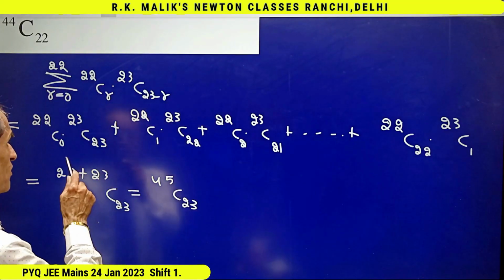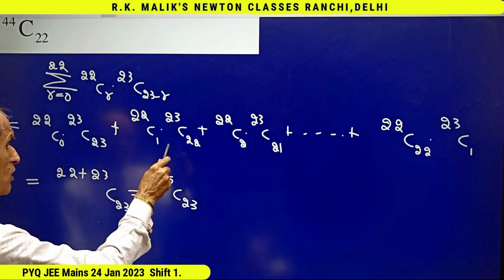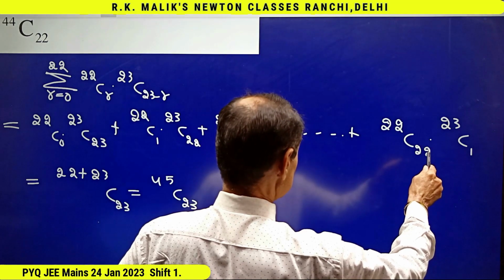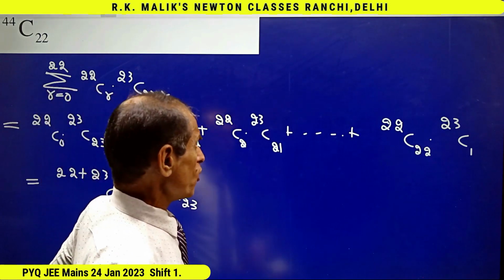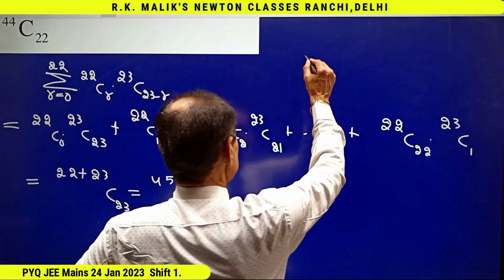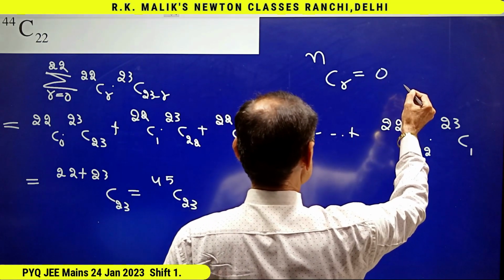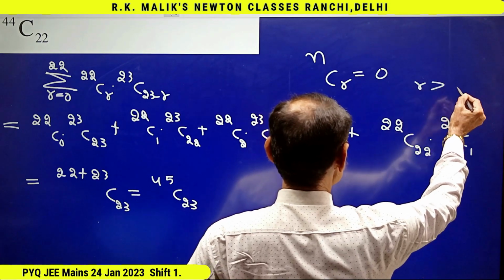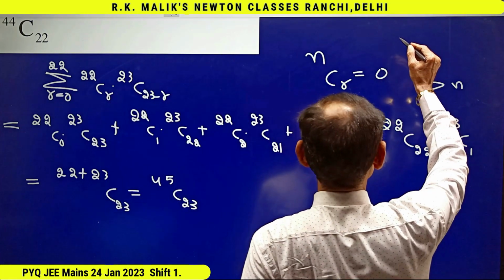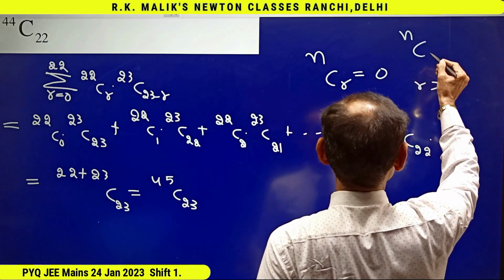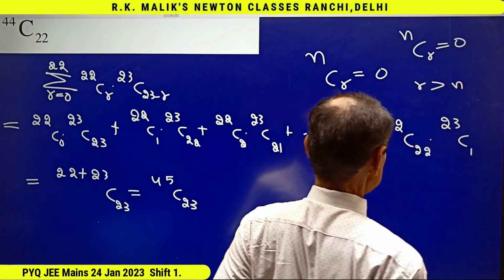Hence it seems that the question is not exactly in formula form, because it is 0 23, 1 22, but the last point is not 23 and 0. But note that for all practical purposes, the value of NCR can be taken as always 0 whenever R is more than N. Remember this part. Or for all practical purposes, NCR is 0 in those cases also if R is negative.